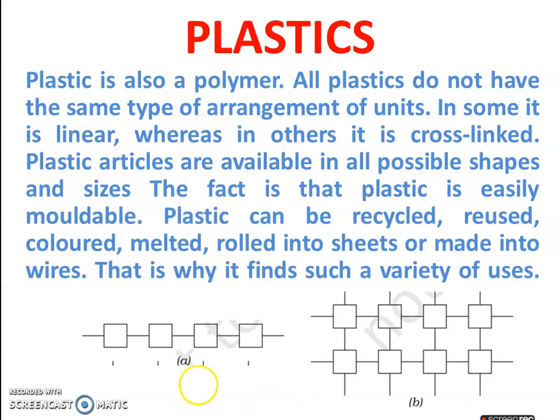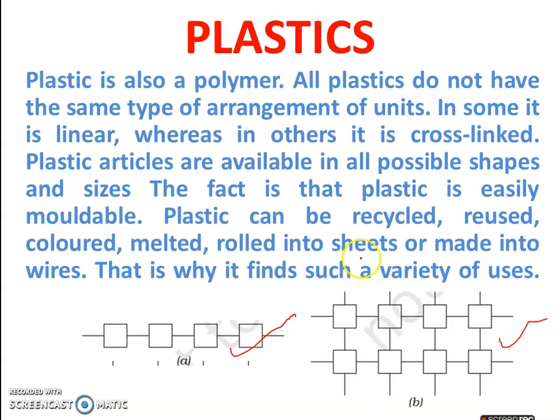In some it is linear and in others it may be cross-linked. You can see in this diagram these units are connected as a linear polymer. But in the second diagram you can find that these units are cross-linked.